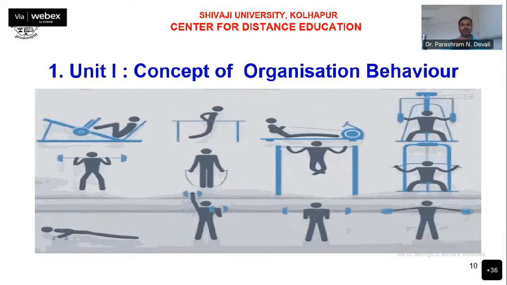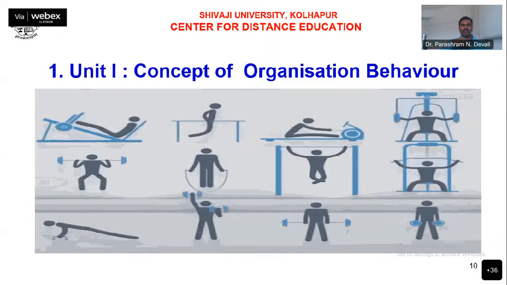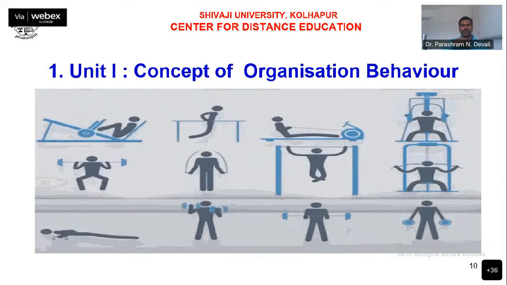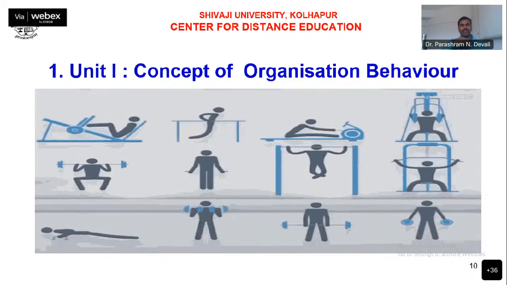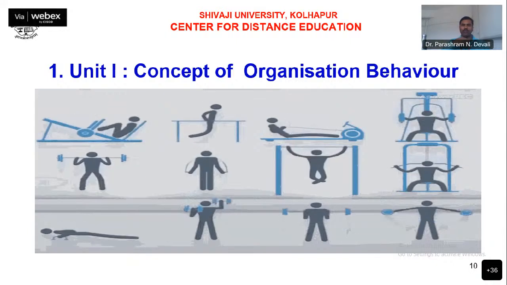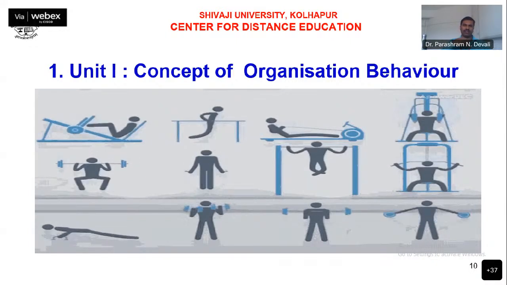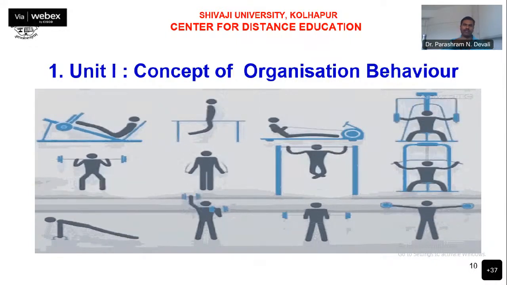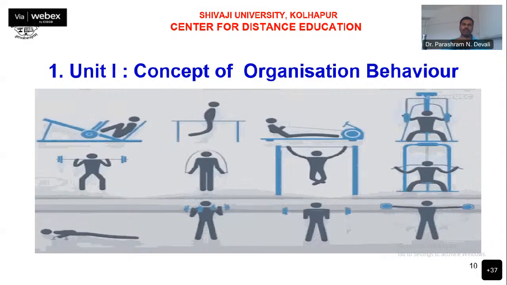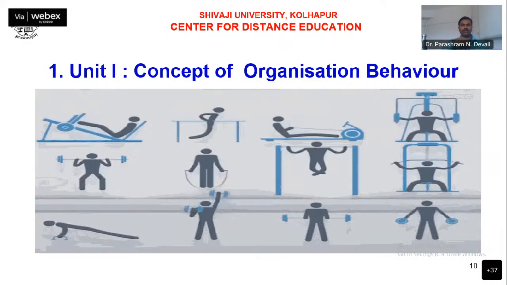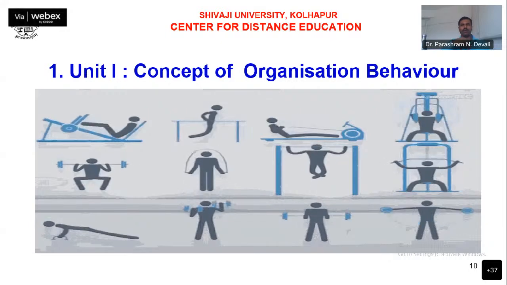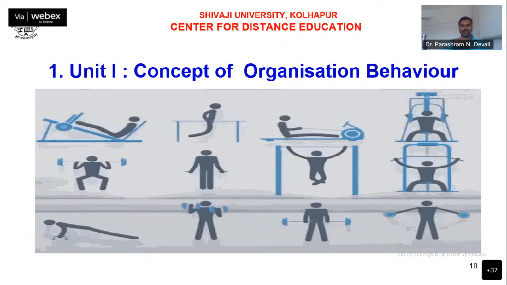There are 2 concepts, organization and behavior. When we think about organization, organization consists of people, because without people we cannot think of organization. And when we think of people, they come together and make efforts for achieving a specific goal, the organizational goal and objective.